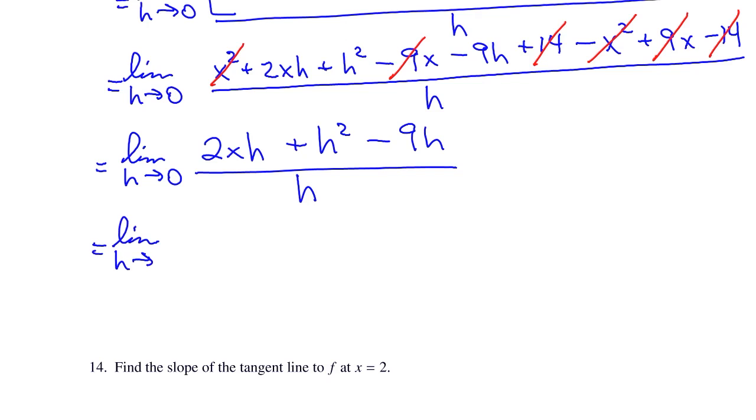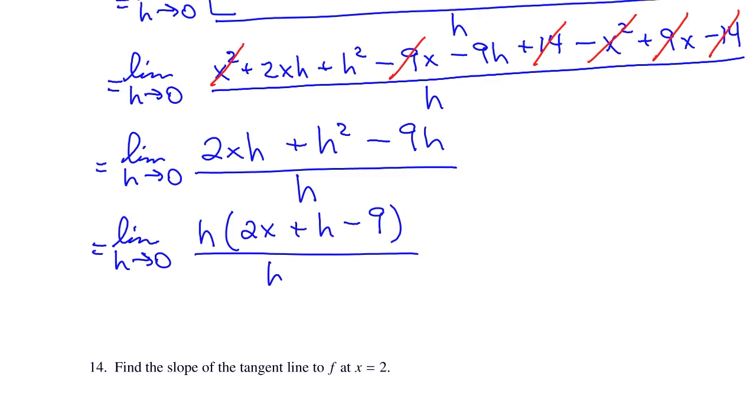From here I can factor out an h. So it's h times 2x plus h minus 9 over h. The h's cancel. And that leaves me with the limit as h goes to 0 of 2x plus h minus 9.